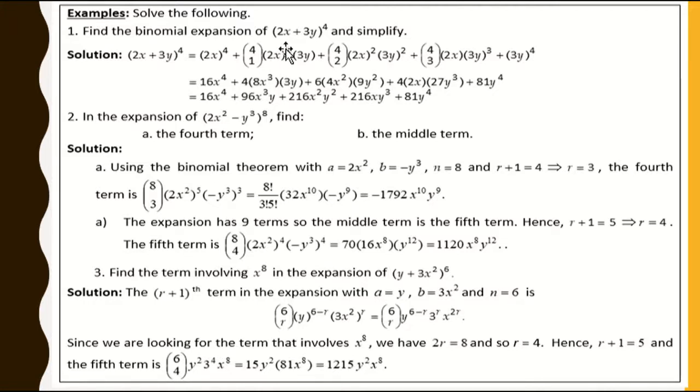Okay, so 2 cubed is 8x cubed times 3y. Plus, 4 taken 2 at a time. This is 4 factorial over 2 factorial times 4 minus 2 factorial.